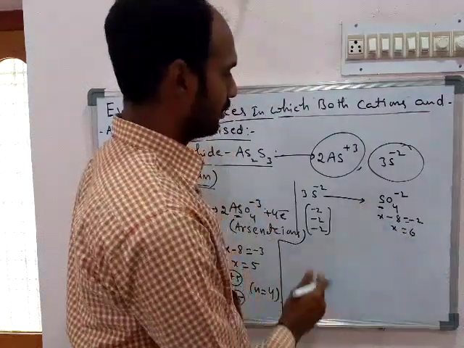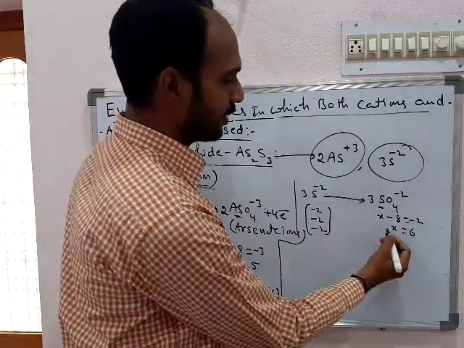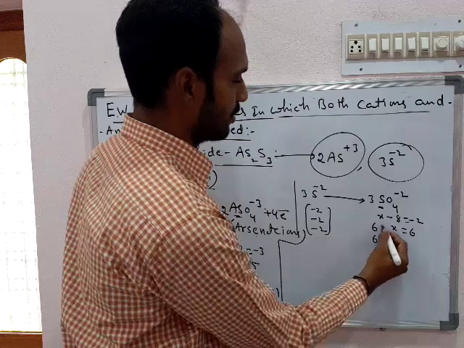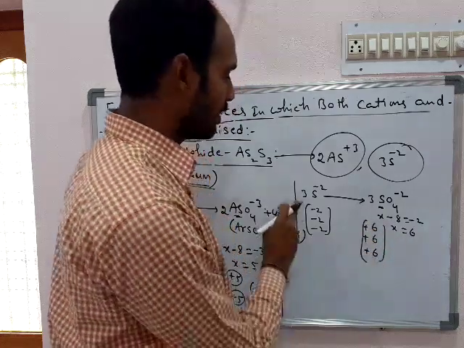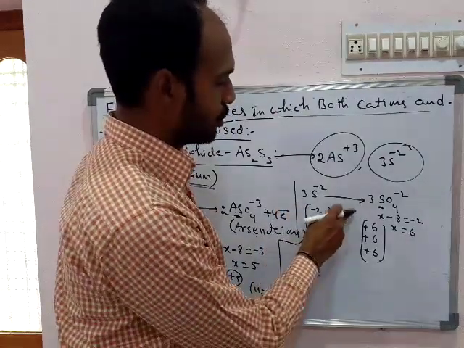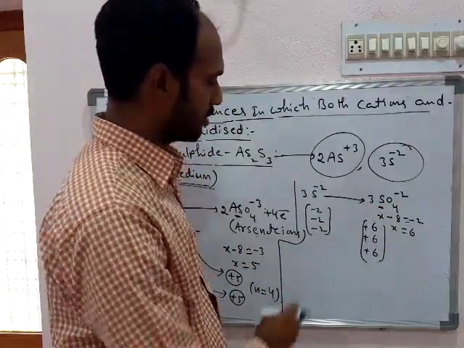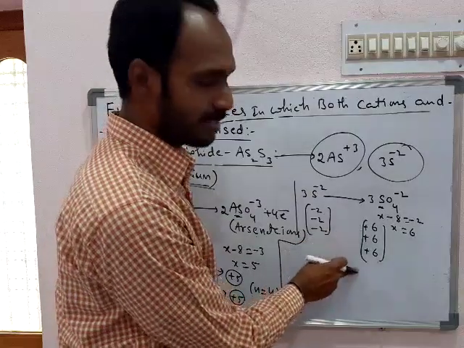For balancing, each sulfur carries oxidation number +6. So 3 sulfide ions are changed to 3 sulfate ions. Here 3 sulfurs are in the -2 state, and in sulfate 3 sulfurs are in the +6 state.